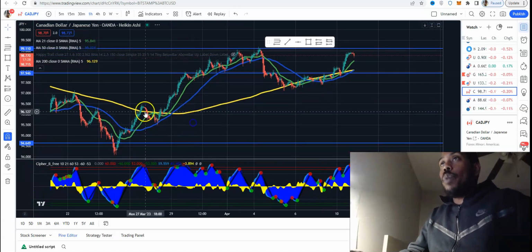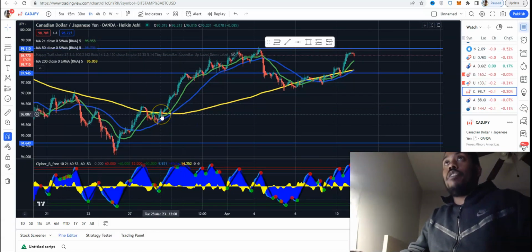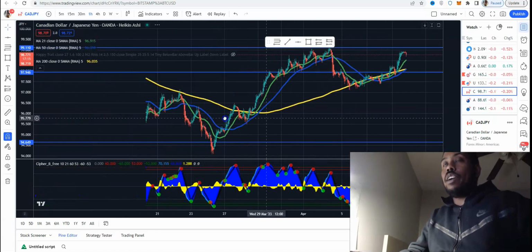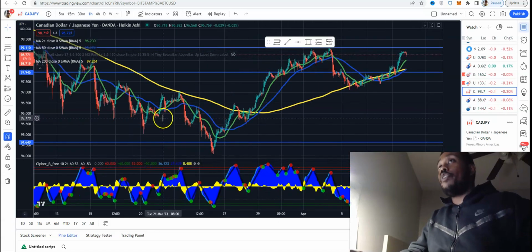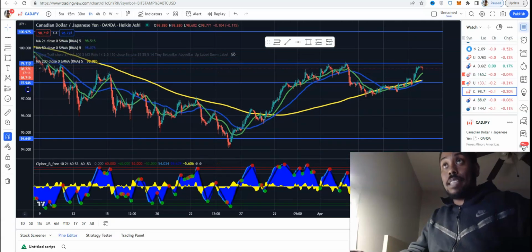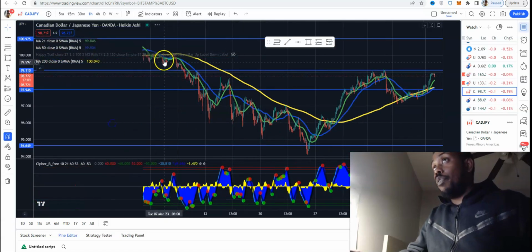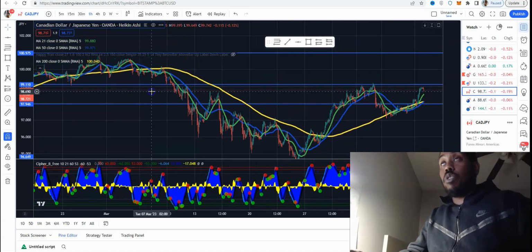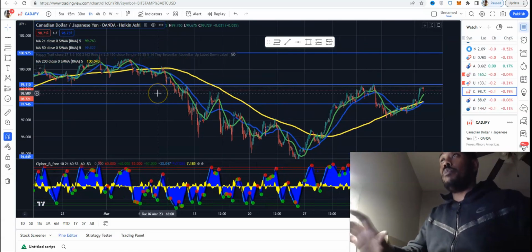So if we take a look at the chart I'm looking at right now, which is the Canadian dollar and the Japanese yen, over in Forex, we can see we had a full cross of every single thing that I just mentioned here. And if we go back even further in the market, you can see we've been in a full downtrend ever since we crossed below the 200 moving average.